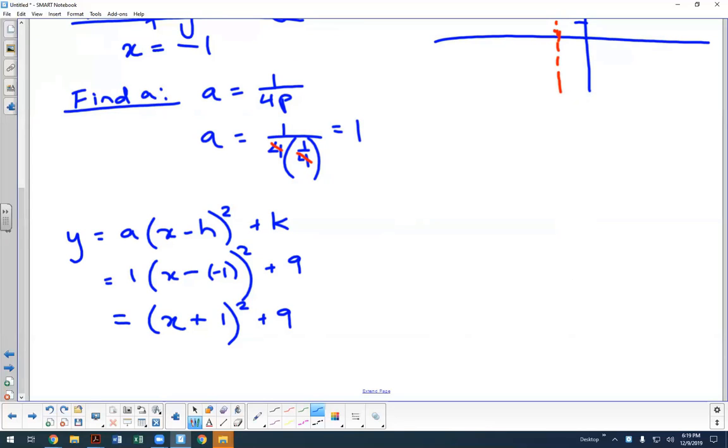So using this equation, can you tell me what our x and y intercepts are going to be? For the x-intercept, make your y value 0. For the y-intercept, make your x value 0. So take a couple seconds and let me see what you come up with.